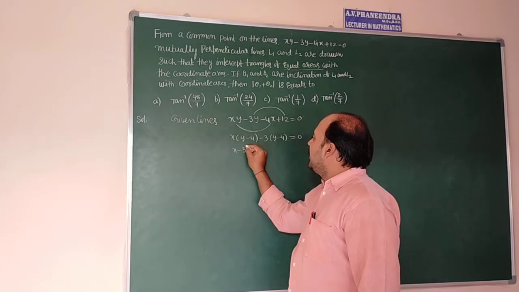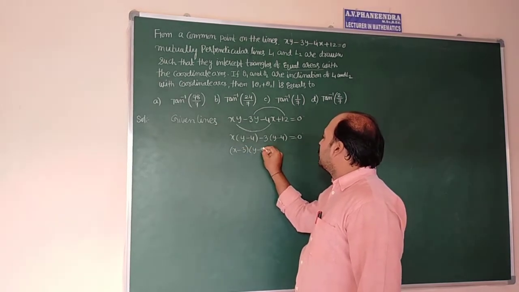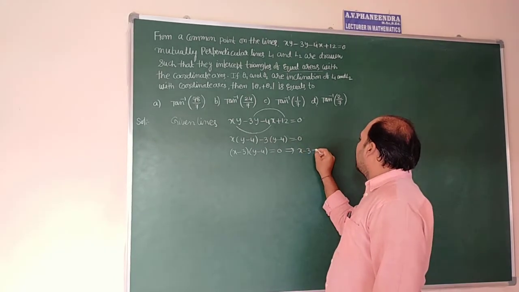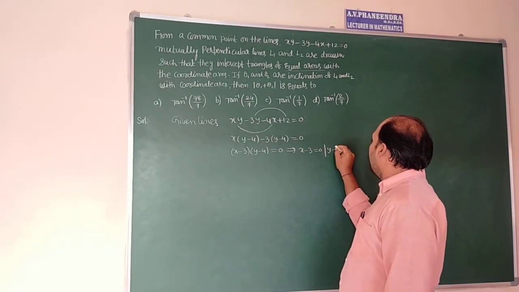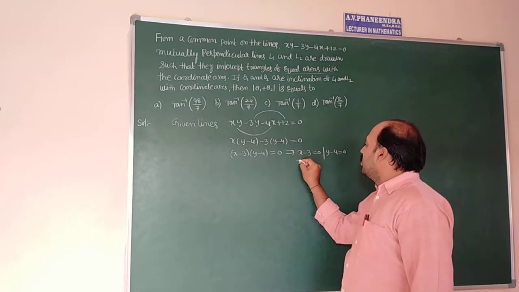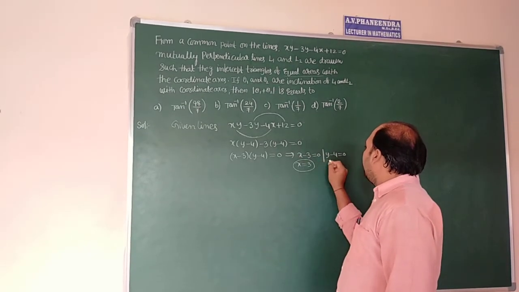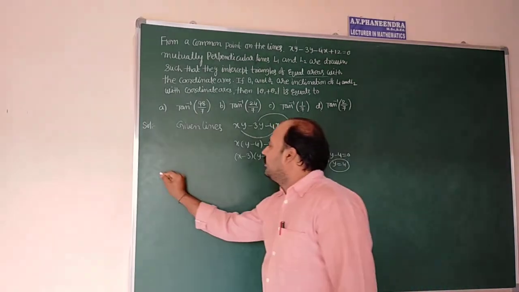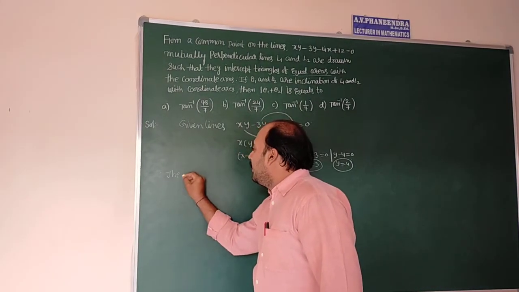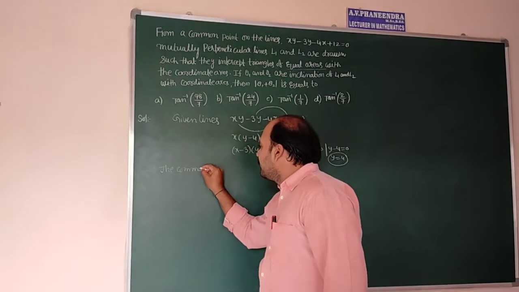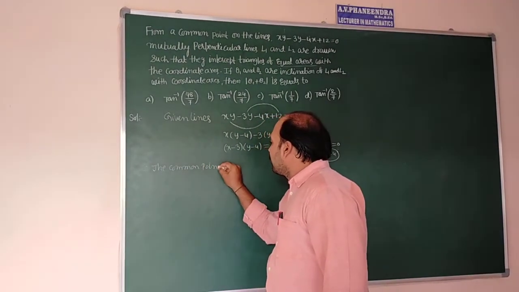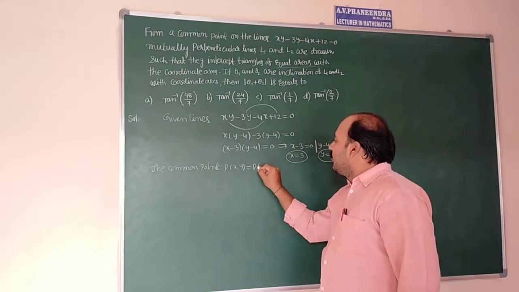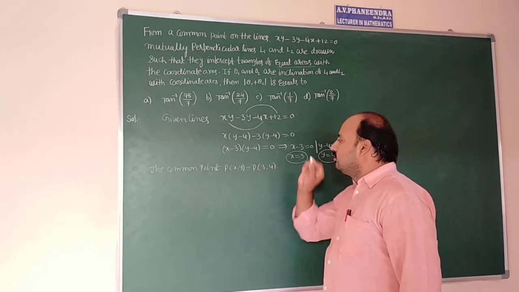So x minus 3 into y minus 4 equal to 0. That implies x minus 3 equal to 0 and y minus 4 equal to 0. So x is equal to 3 and y is equal to 4. Therefore we got the common point, P of x comma y, which is equal to P of 3 comma 4.